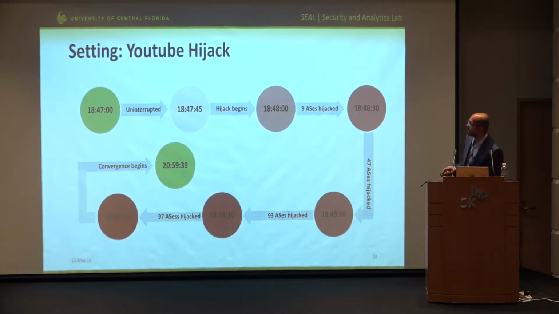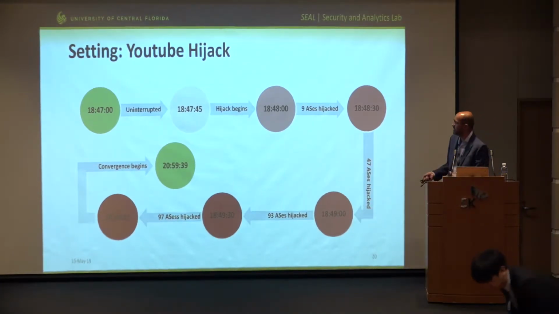And so around 18:47, there was uninterrupted service. At 18:47:45, the hijack begins. At 18:48, 9 ASs were hijacked. Then at 18:48:30, we had 47 ASs hijacked, and 93 ASs hijacked by 18:49, and so forth.